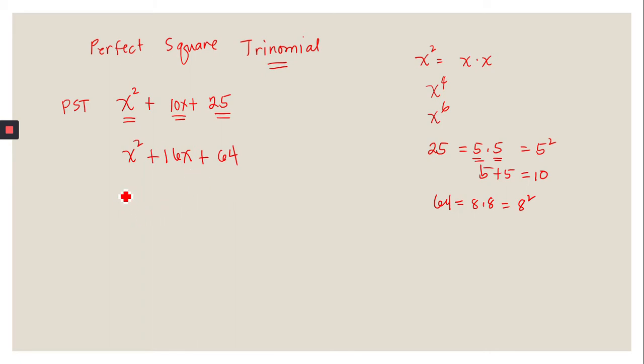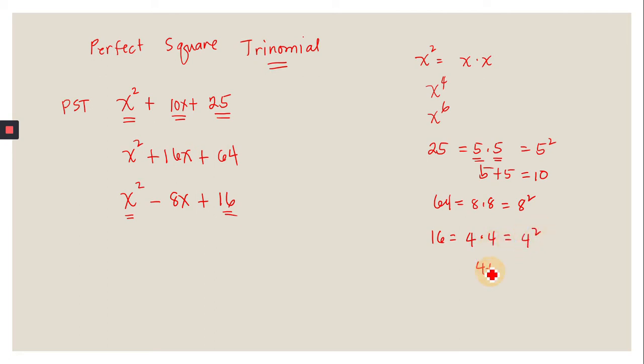Okay, another one is, so you have x squared minus, let's say, x squared minus 8x plus 16. So x squared again is a perfect square. 16 is 4 times 4, right? 4 times 4, or 4 squared.